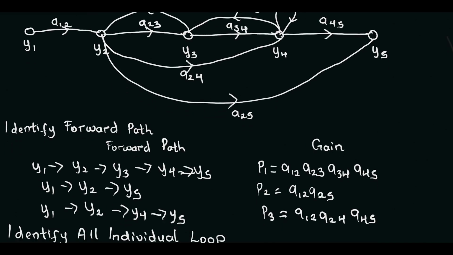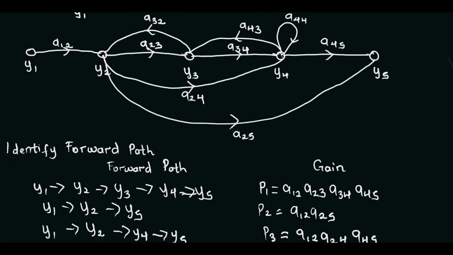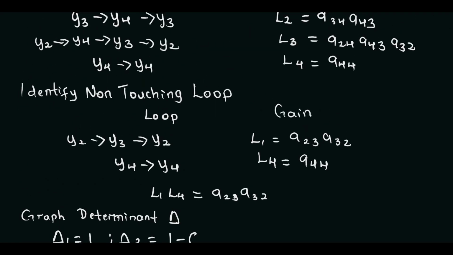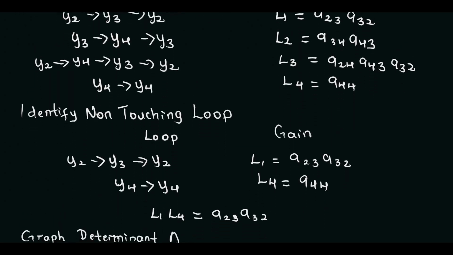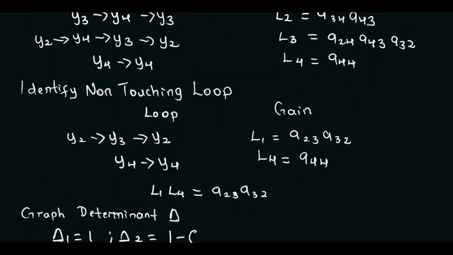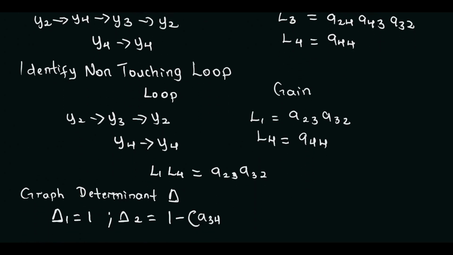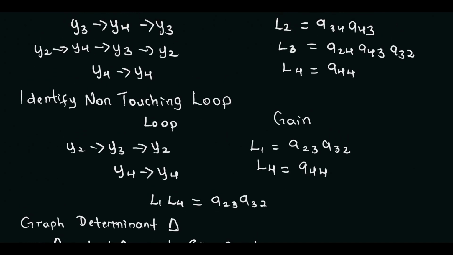So now find your delta 2. Your delta 2 equals 1 minus, in brackets, A34, A43 plus A44.